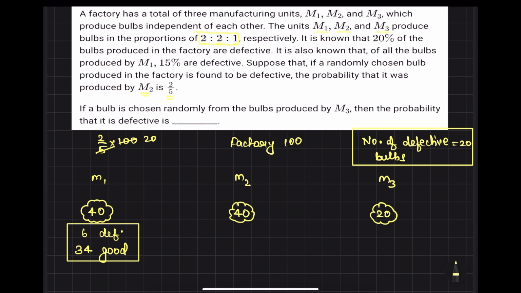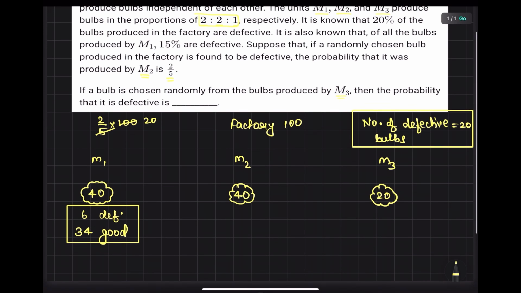You have to tell me the probability that a bulb chosen randomly from those produced by M3 is defective. Suppose there are X defective bulbs produced by M3. So we have to find the value of X, and then X by 20 will be the answer.